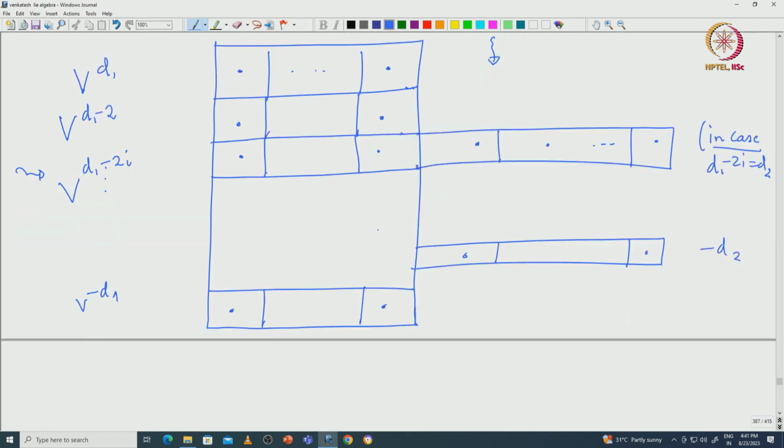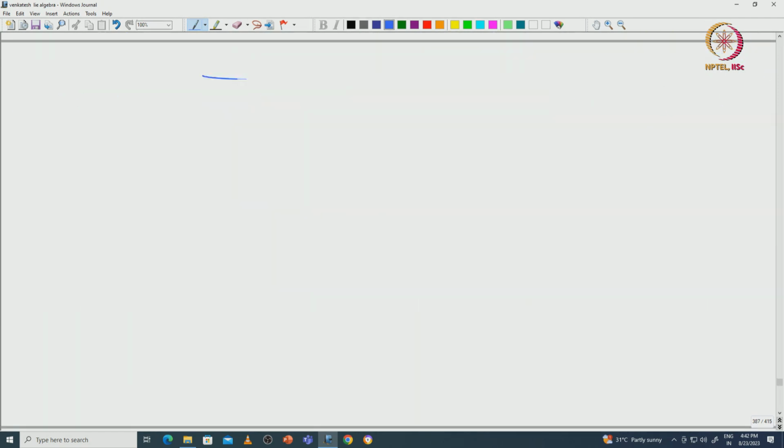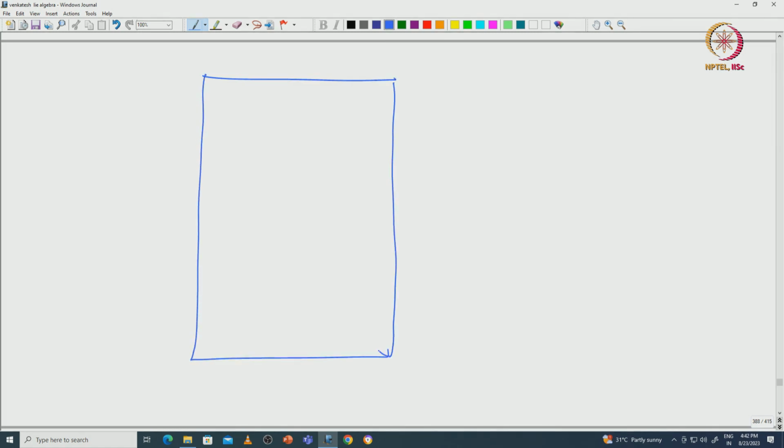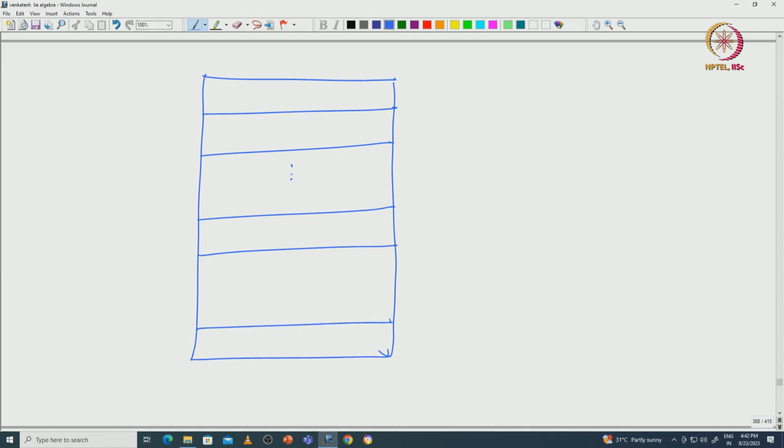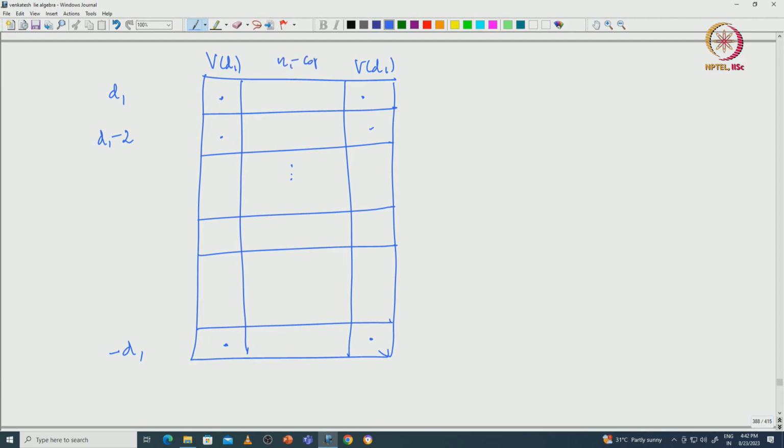The picture will look something like this. You will have first this D1, and this is how the D1 copies will look. This is D1, this is D1 minus 2, and this is minus D1 and so on. So, this is V_D1 and there are N1 copies.